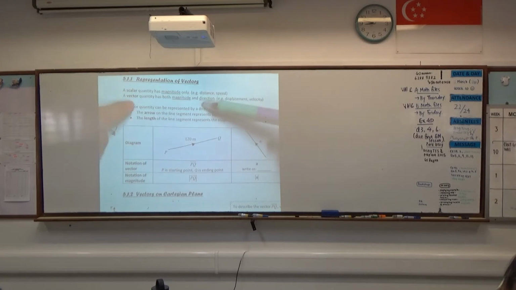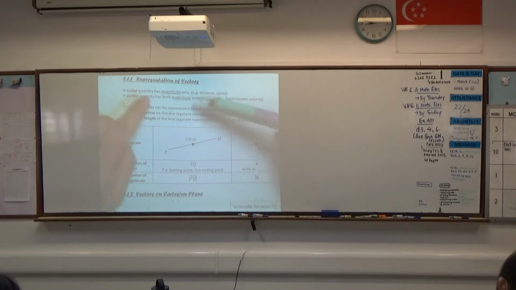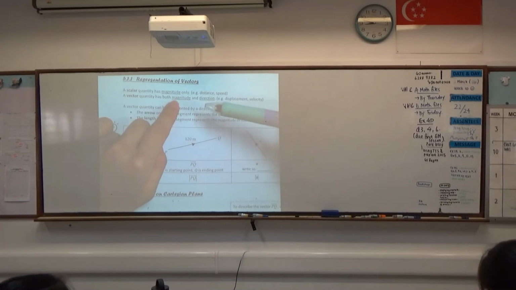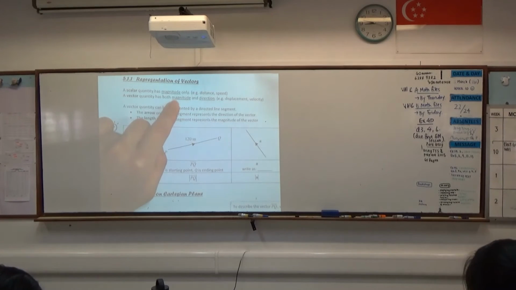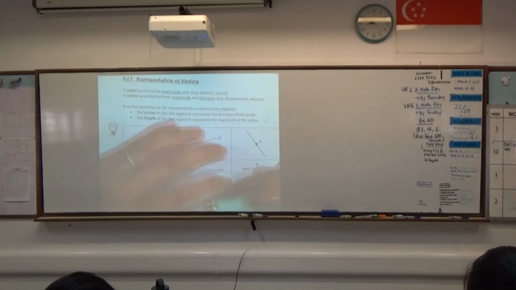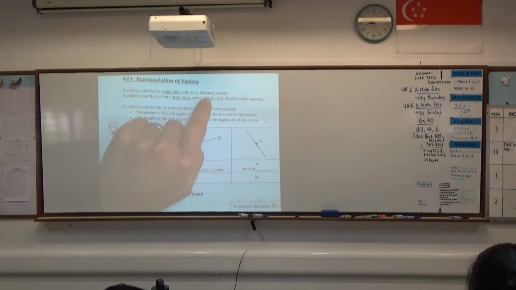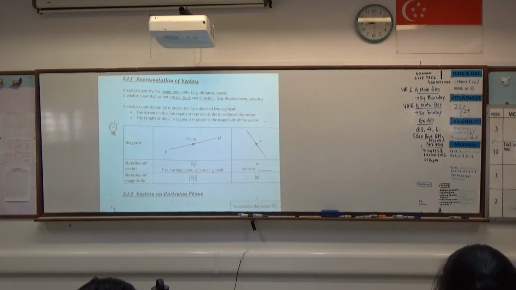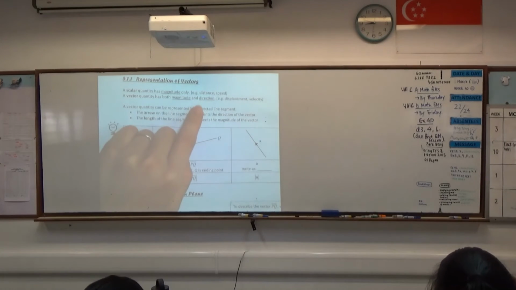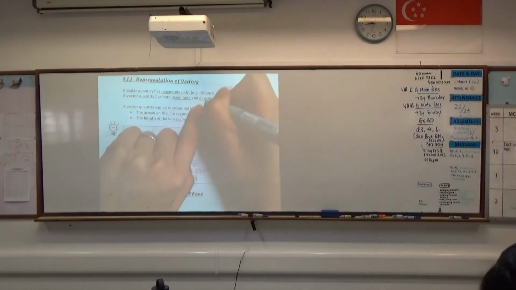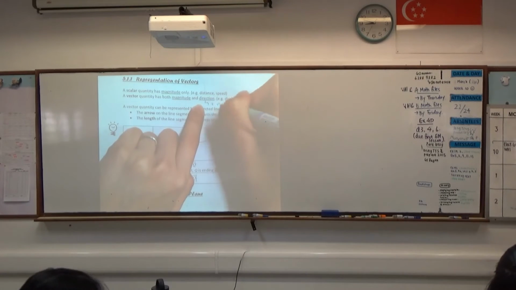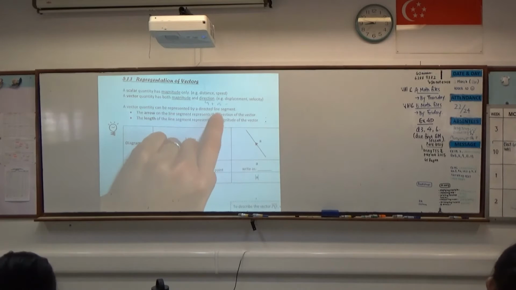So how do we actually go about having a magnitude as well as the direction involved when talking about a vector? Magnitude is usually represented by a number. It is represented by a value because it's talking about the size, so we will quantify it using a value. Whereas for direction, we use our positive and negative sign to determine the direction.